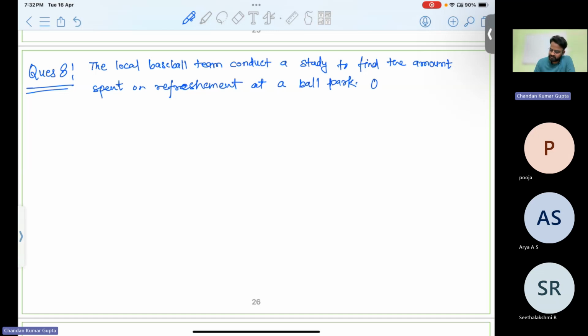Over the course of the season, they gathered a simple random sample of 100 men and 100 women.